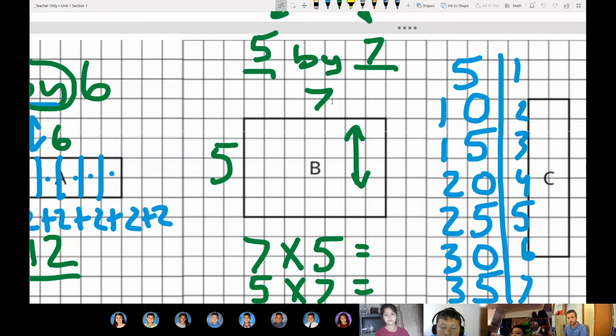So the 7th one on the bottom is 35 if we were to skip count. 35. So can someone tell me what 35 means for this rectangle? How does that come into play? Is 35 just a random number? Or does it mean something for this rectangle?